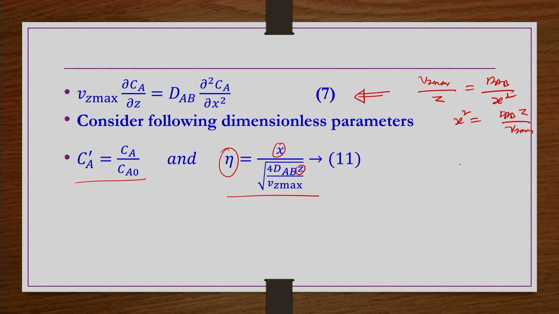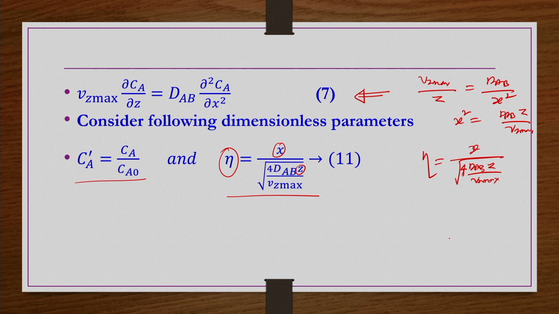If I take the square root of both sides, we get x by square root of dAb z by Vz max. The constant 4 we get from the experience of solving this problem. We write this as eta. This is how we decide how the combined variable should be defined.